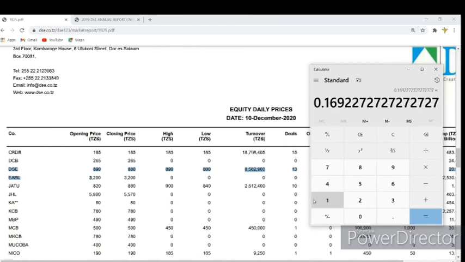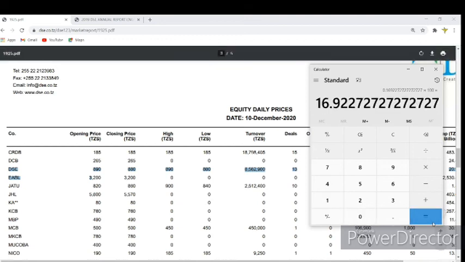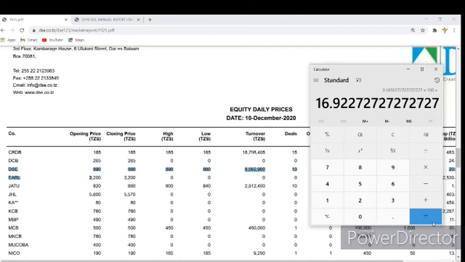I'm just going to multiply that by 100%, and that should give us 16.9227, so 16.9%. If you want to round it off to 17%, that's okay. So the earnings yield for the DSE, by the way, the DSE is the Dar es Salaam Stock Exchange, and yes, it self-listed itself, is 16.9%.